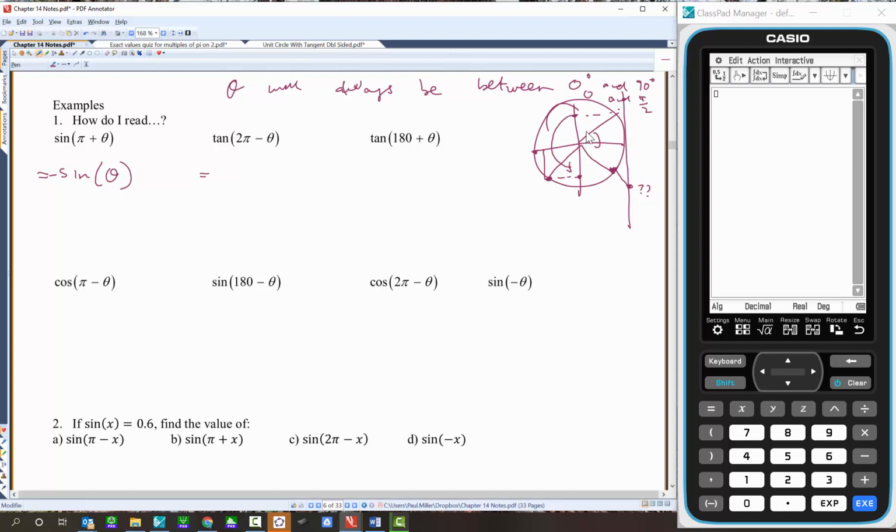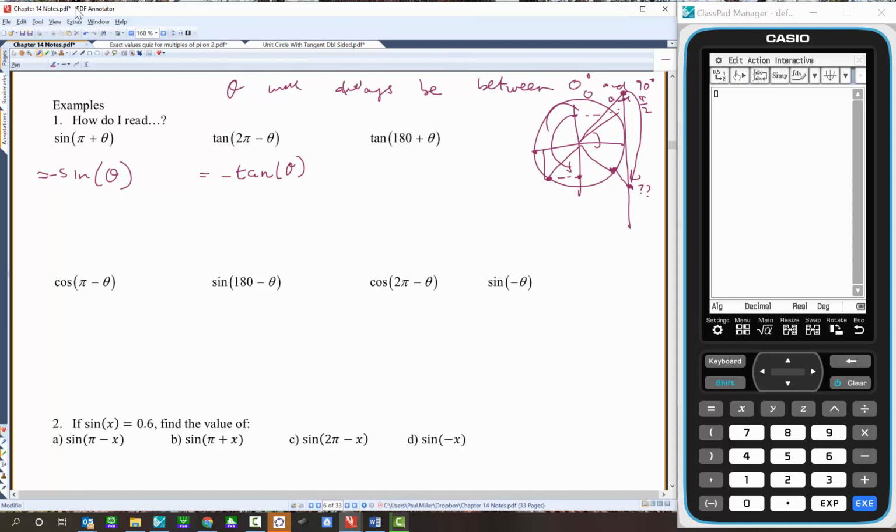We would turn this into a first quadrant angle, which is going to hit there at the positive angle. And then why don't we drop a negative sign out the front of that, and it will swing it down to that point there. So what I basically know is this answer here is going to be exactly the same as negative tan of theta. It'll give us exactly the same result.